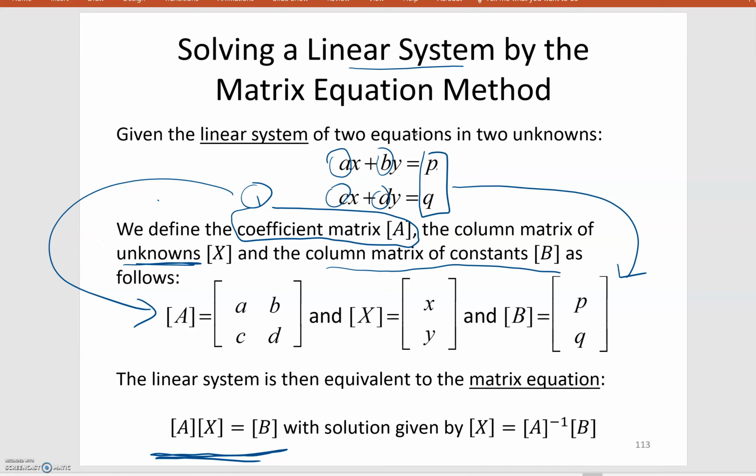If you multiply this matrix A times this column matrix X, you'll get row 1 will be A times X plus B times Y, which is the matrix definition of multiplication. And row 2 will be C times X plus D times Y. And that's the second equation. So that will give you your 2x2 system.